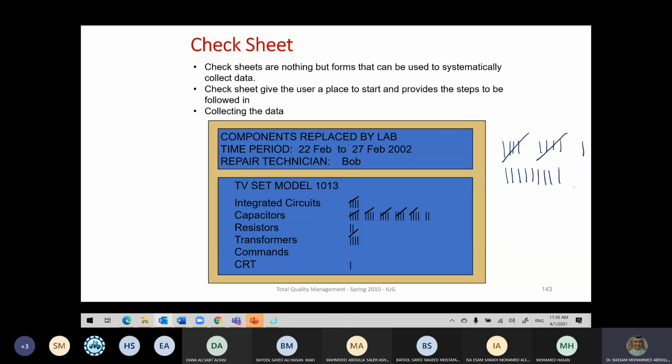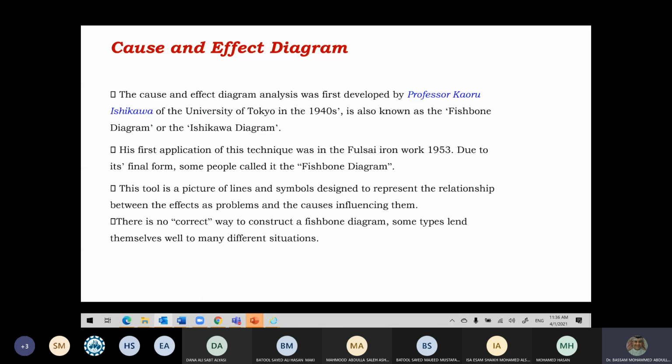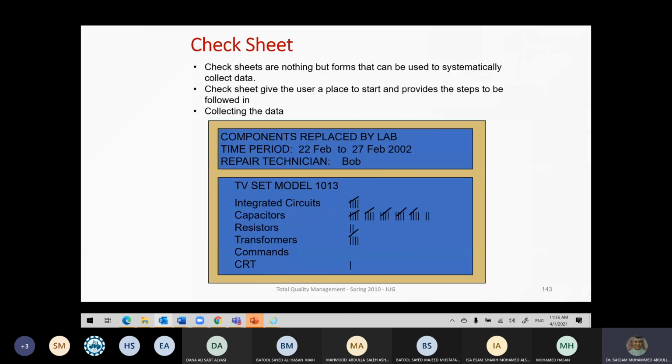If you want to count this, your head is going to get dizzy because it's very confusing. You cannot see the lines separated. So this is the way that is used for check sheets. I'm explaining these things quickly because they are trivial. You already know them. So that is related to the check sheet.